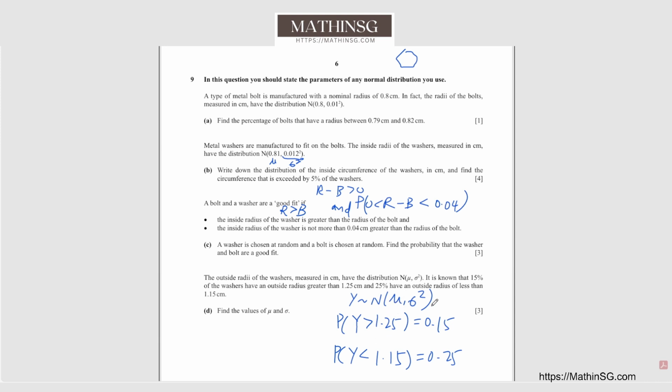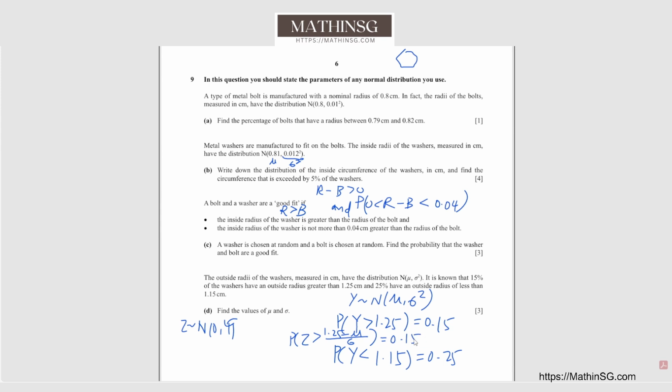So how do we do that? Well, we will change it to z, and we know that z takes a normal distribution of 0 and 1. So now we can make use of inverse norm, or inverse normal distribution. Okay, so let's first change this to z. So it will be equals to 1.25 minus mu over sigma. Okay, it is equals to 0.15.